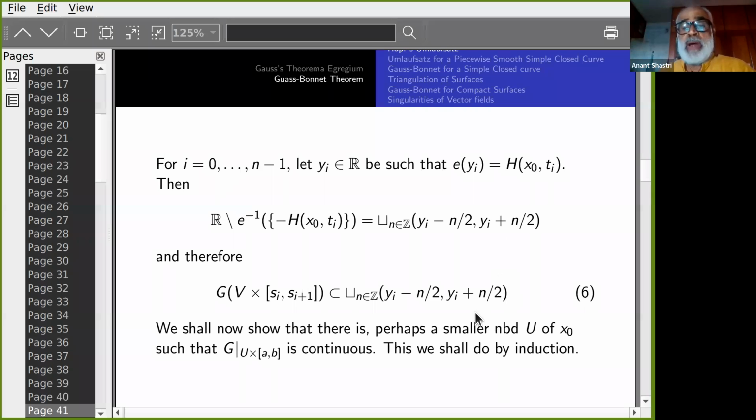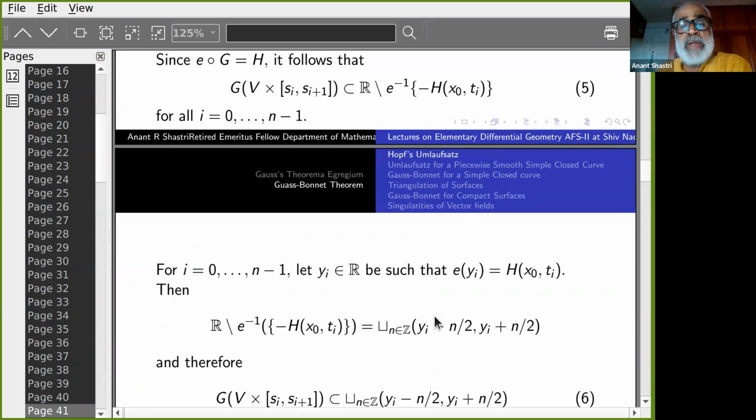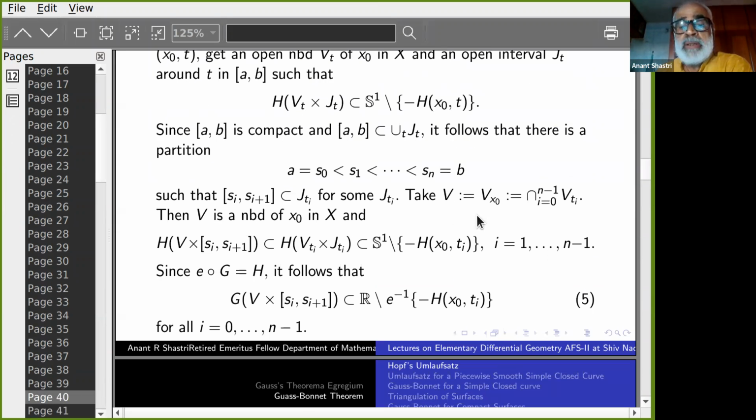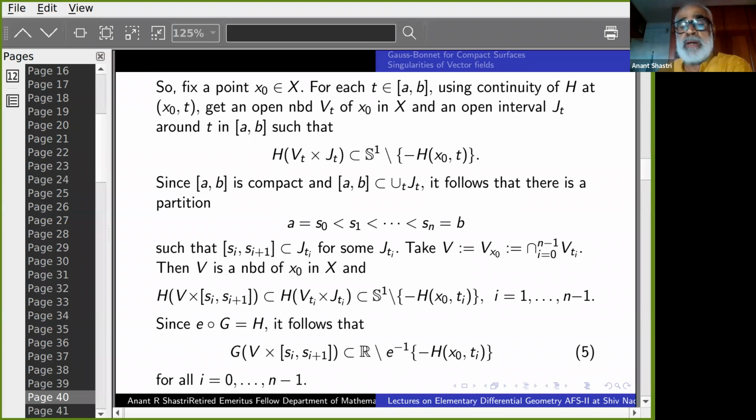So so far we have done this much of the topology. We shall now show that there is perhaps a smaller neighborhood U, since this V may not work, of x0 such that G restricted to U cross [a,b] is continuous. This is our aim. We wanted to show that for each point there is a neighborhood. If we choose V to be the intersection of all these, it may not work; it may be slightly larger, I don't know.